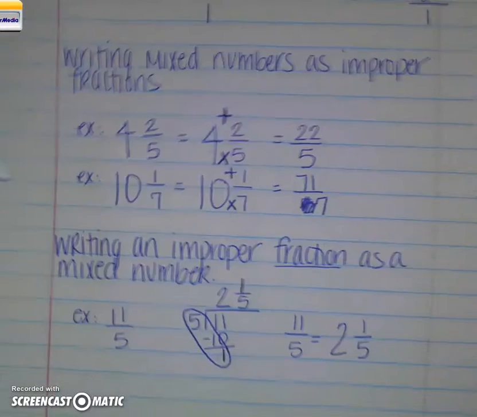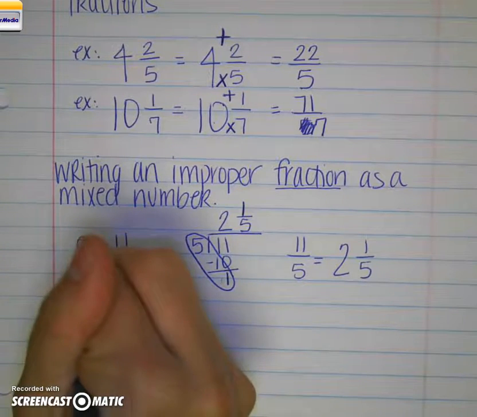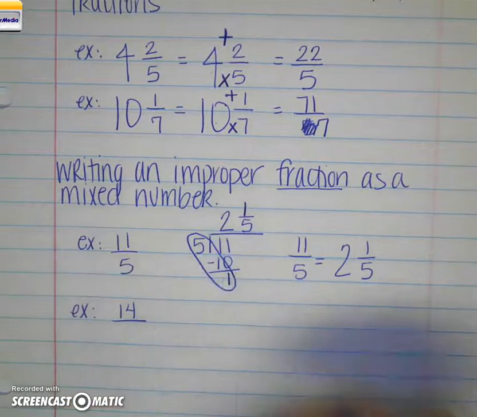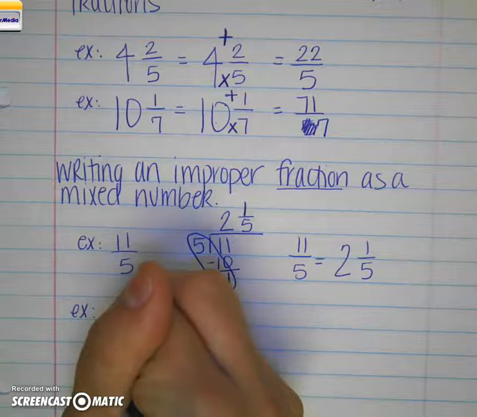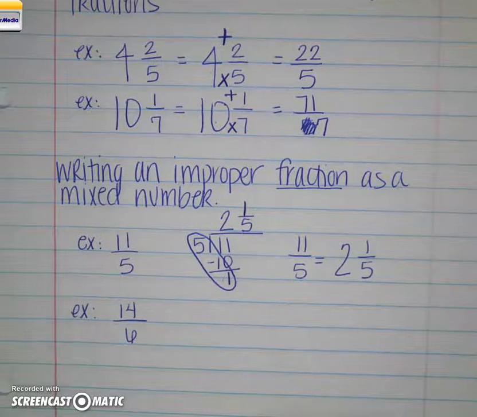Now let's look at one more example here. So let's say, for example, we have, how about, let's do 14 over, how about we do 6. Now, at this point, you can do one of two things. You can TiVo this and simplify the problem at the end, or you can choose to simplify it before you actually do any division. I'll show you both methods.